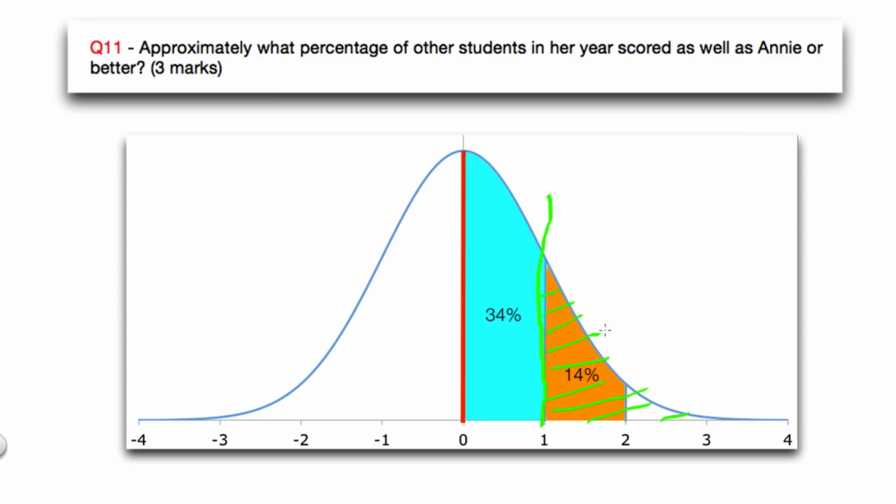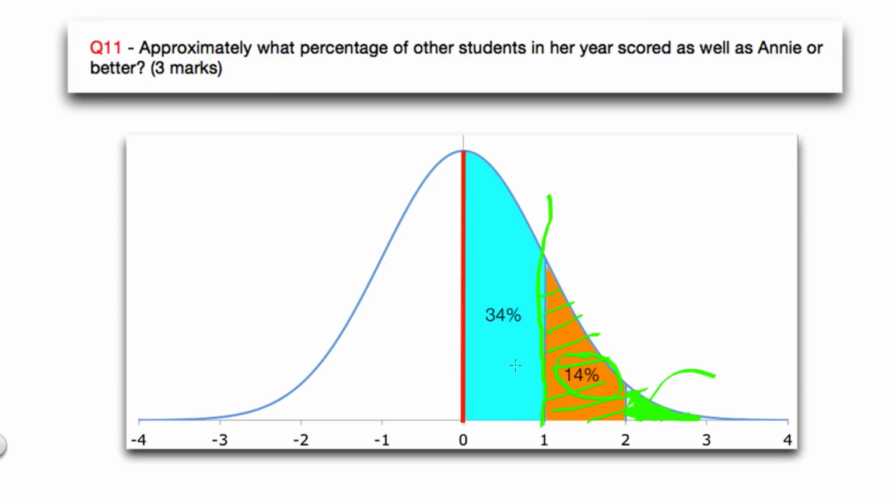Now you're told, both in this diagram and elsewhere, that there's 14% between 1 standard deviation and 2 standard deviations. So we almost know the answer already. But there's this bit as well. How much is there? That's what we need to know.